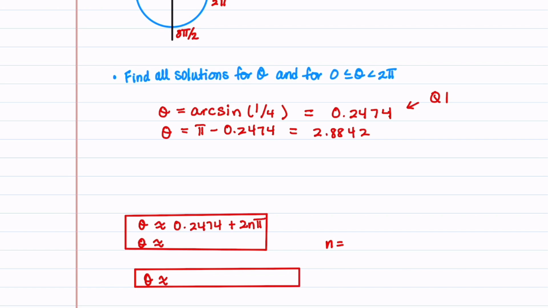And then our second solution is theta is equal to 2.8842 plus 2n pi. If we look just between 0 and 2 pi, our solution is 0.2474 and 2.8842. And we'll remind ourselves one last time that n is an integer.